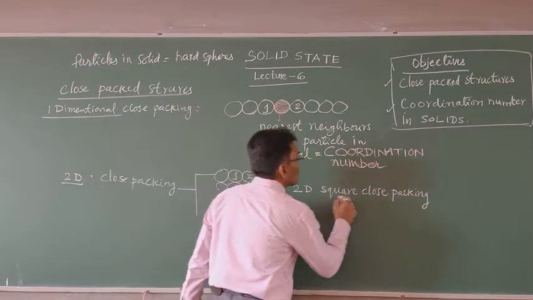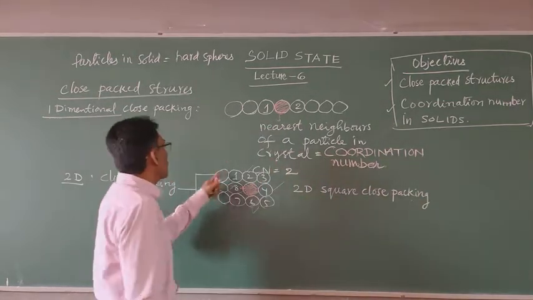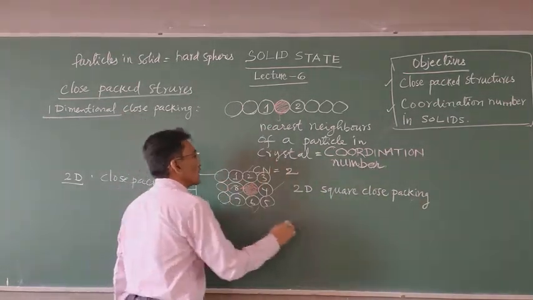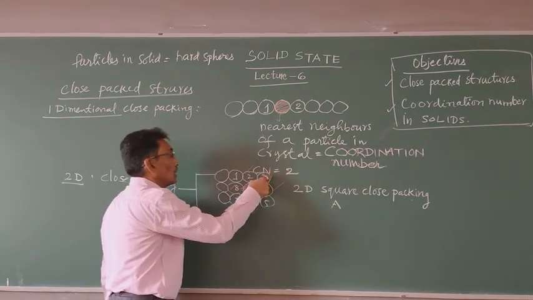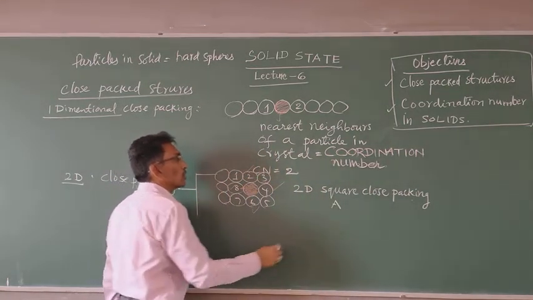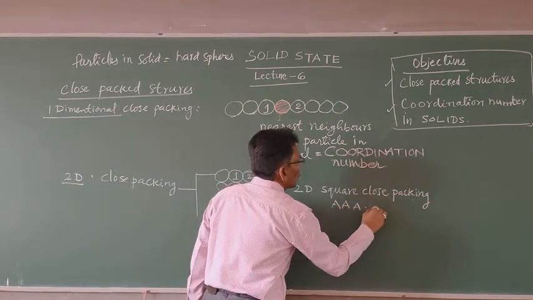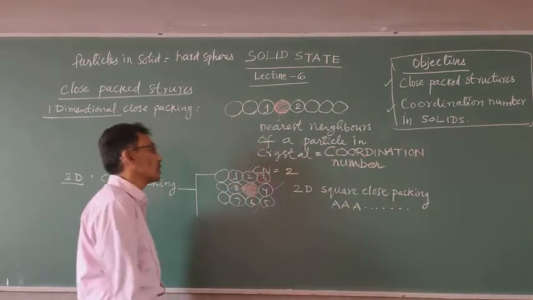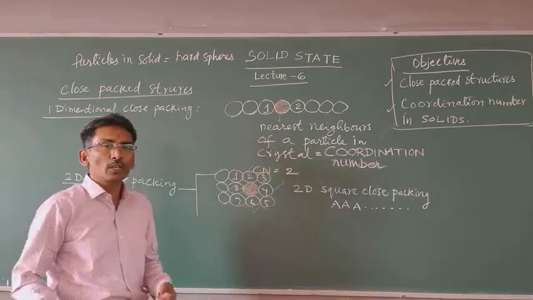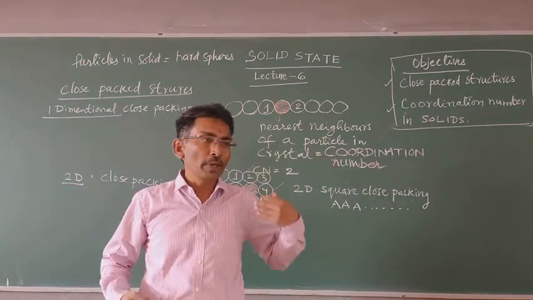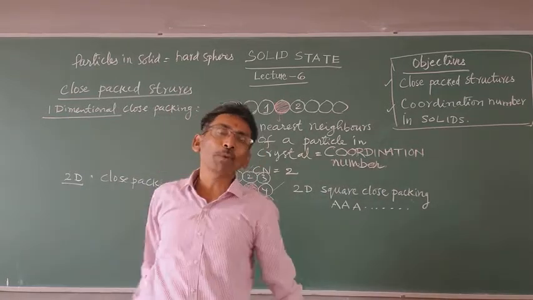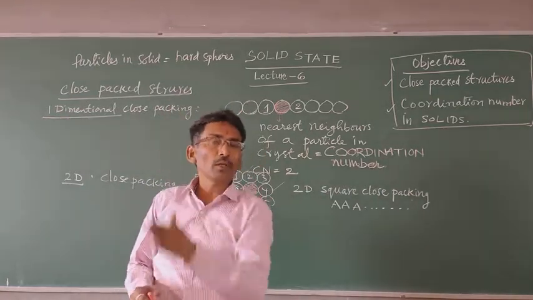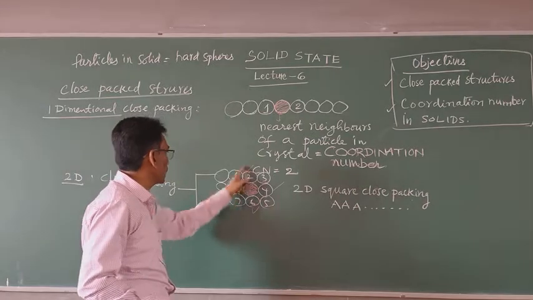So in two-dimensional square closed packing, how is the position of the atoms? That is A. The position of atoms in one row, second row, exact position A. It goes on in a two-dimensional way; that is called exact position. Like one person, behind him another person, behind that person another one, many people standing in a row, the direction is the same, the position is the same.